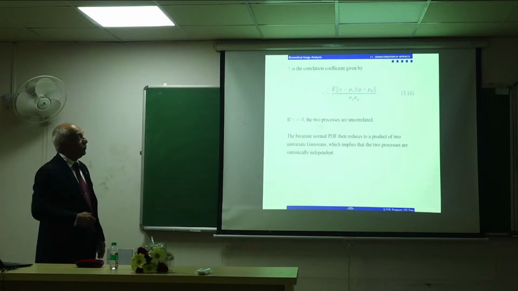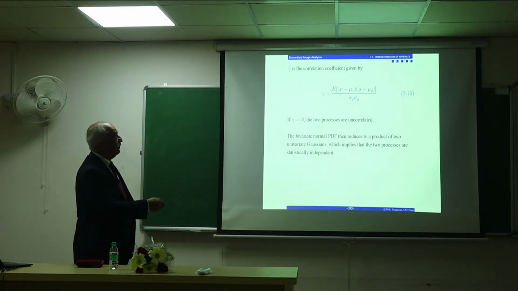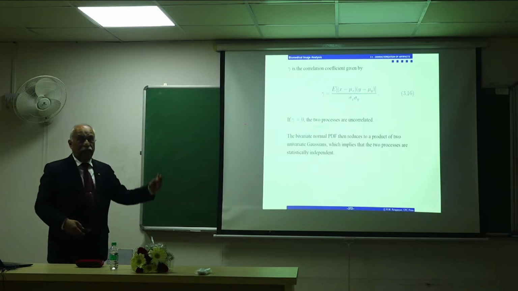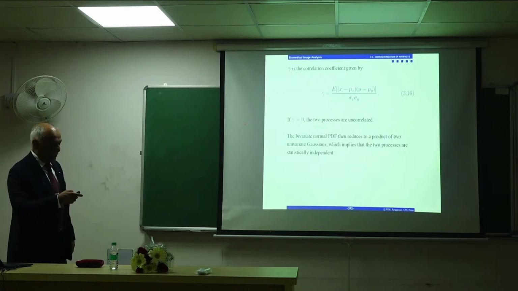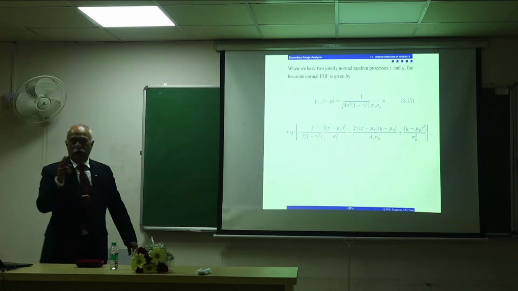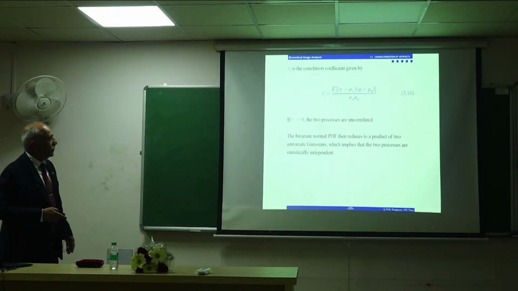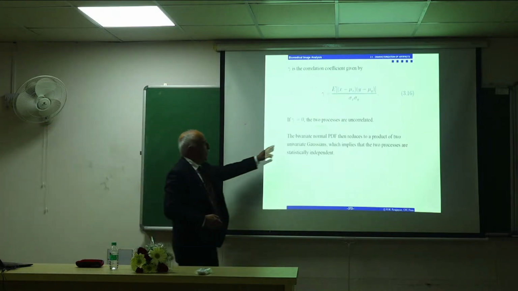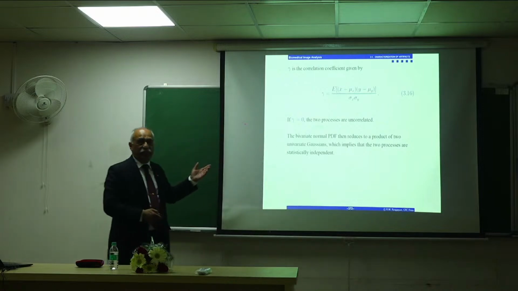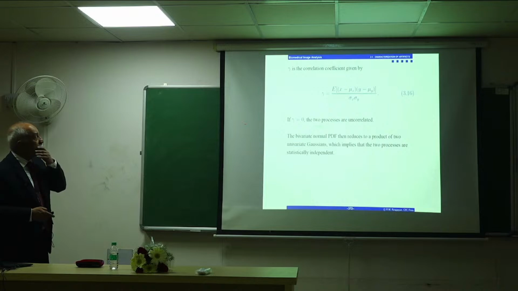And gamma is the correlation coefficient given by the expectation of (x minus mu x)(y minus mu y), divided by sigma x sigma y. If they are uncorrelated, gamma is equal to 0, and then that goes away, that goes away, that goes away. You get a product of 2 Gaussians. So the bivariate normal PDF reduces to a product of 2 univariate Gaussians, and they are statistically independent then.